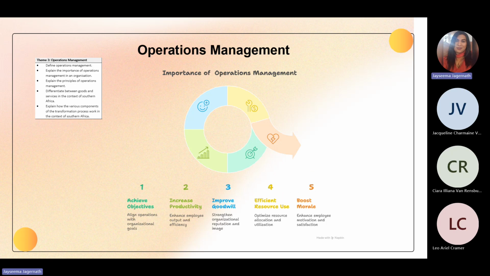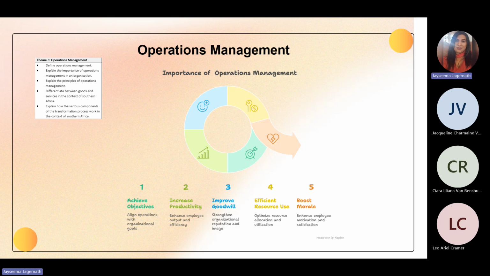Okay, the next type is operations management. Operations management deals with the actual manufacturing process. It is very relevant to the operations industry, so your factory settings. The importance of having operations management is that it helps achieve objectives.